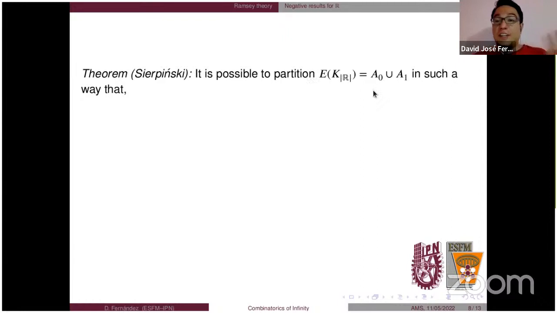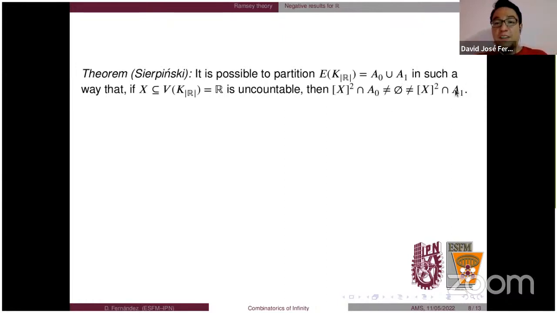And you can partition this in 2 pieces. You don't need too many pieces, just 2, in such a way that any uncountable set, when you look at the induced subgraph, it will have edges in both pieces of the partition. In particular, the edges cannot be contained within one of the pieces because there's always edges in the other piece and vice versa. So this is a negative result.